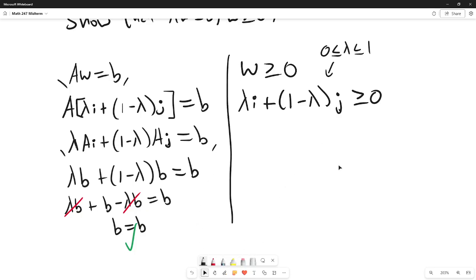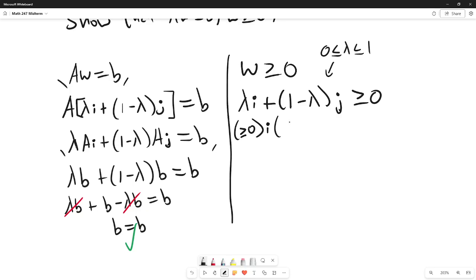Well, we already know that lambda is some value that is greater than or equal to 0, because it can be between 0 and 1. So we already know that this is some value greater than or equal to 0.